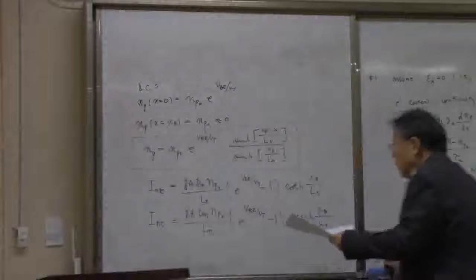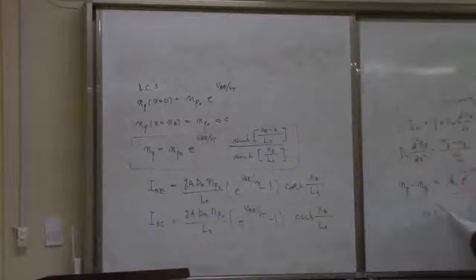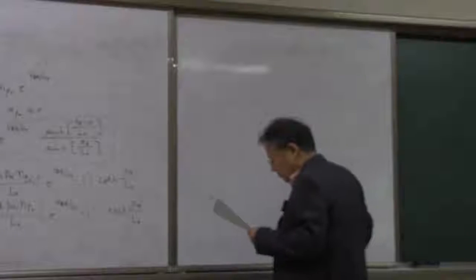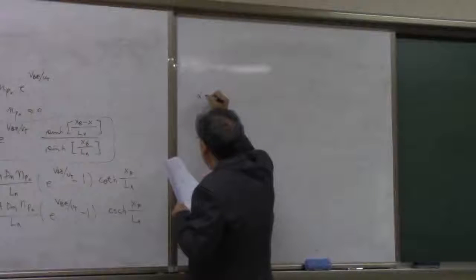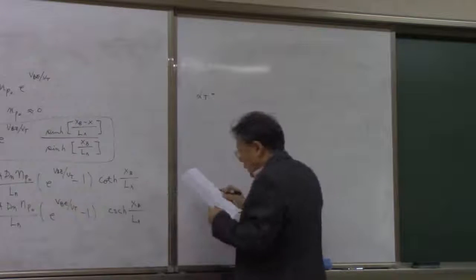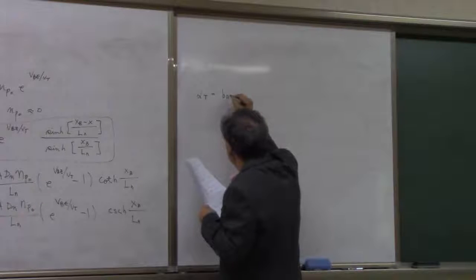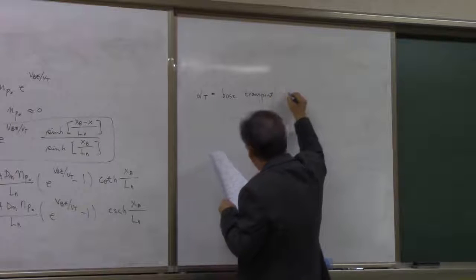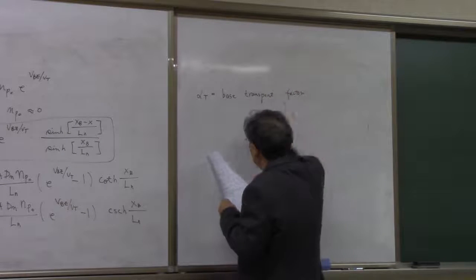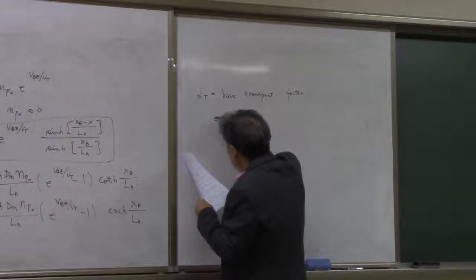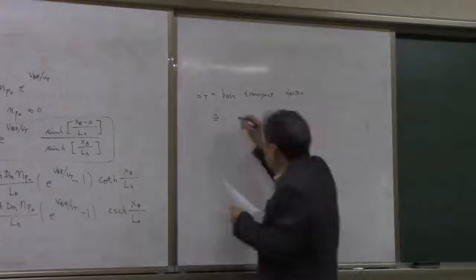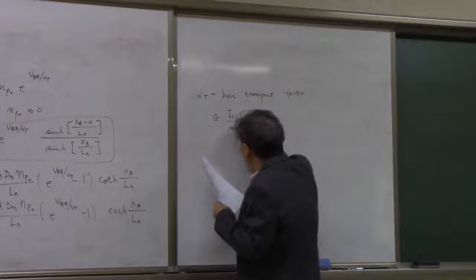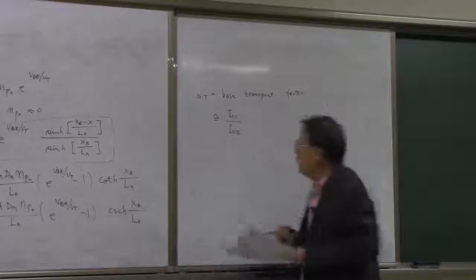And the ratio of these two is going to be called alpha_T. That is the base transport factor, and that is, by definition, I_nC over I_nE.